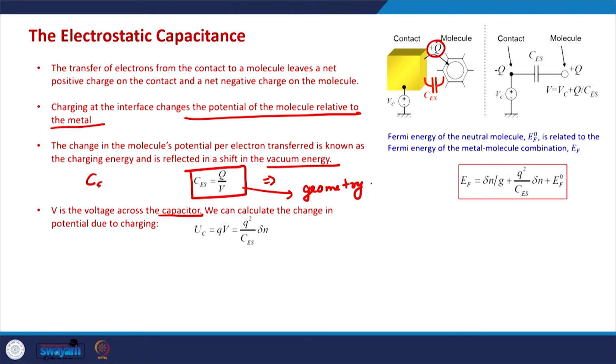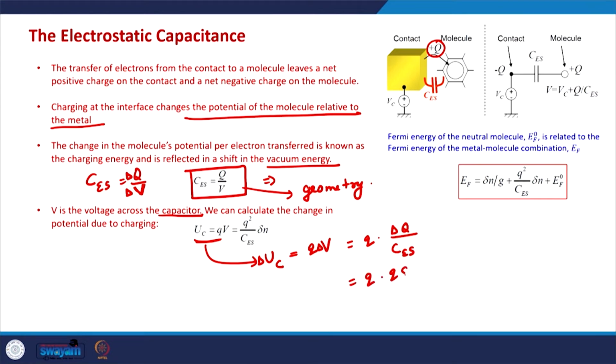electrostatic capacitance is defined as the charge divided by the voltage, or delta Q divided by delta V, which is the change in the charge on the molecule divided by the change in the electrostatic potential across the molecule. So, the electrostatic potential energy of the system will be changed by Q times delta V, where delta V can be written as delta Q divided by CES, and delta Q is q times delta N, if delta N is the number of electrons that are getting transferred.